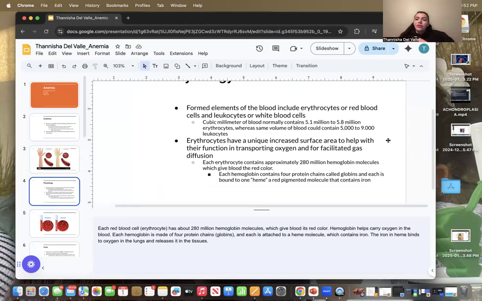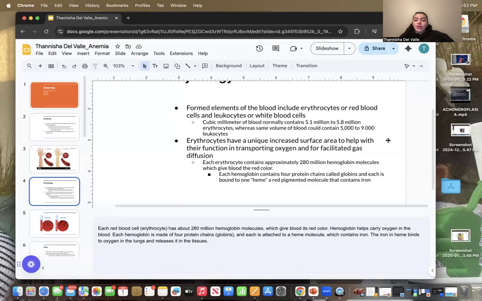So it's a pretty big difference there. Erythrocytes actually have an increased surface area, so they're circles, but they're flat on top to increase the amount of oxygen that they can diffuse, for facilitated gas diffusion.